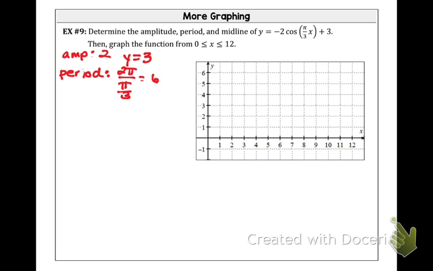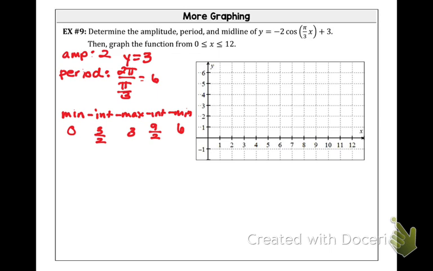So that cosine starts at a max, but we're reflecting, so min, intercept, max, intercept, min. We're starting at 0, ending at 6. In between would be 3, 3/2, and then halfway between 3 and 6 would be 9/2.